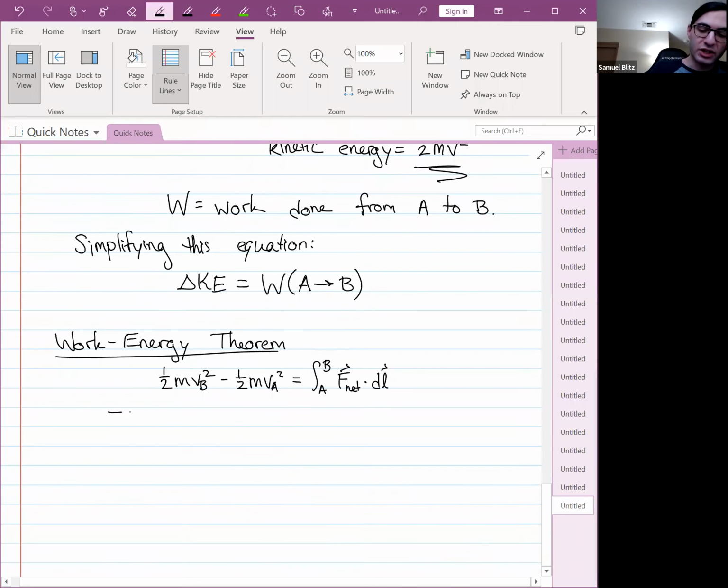we have that the total work done, and I say total because you can actually compute the work done by an individual force and then add up all of those to get the total work.